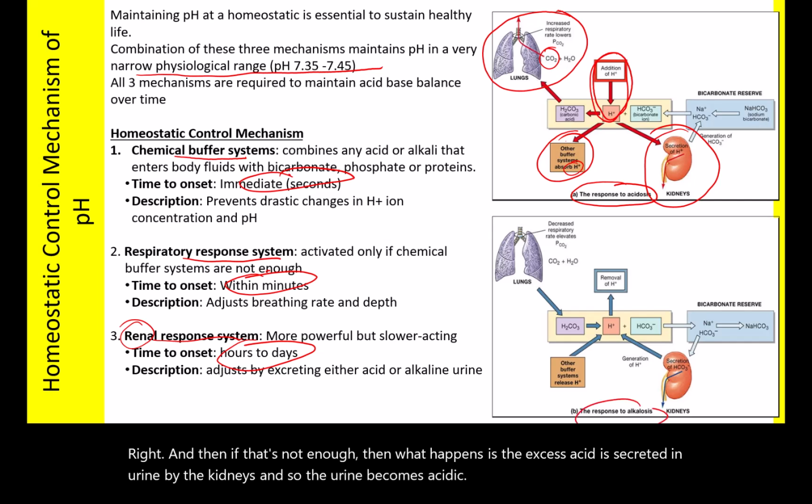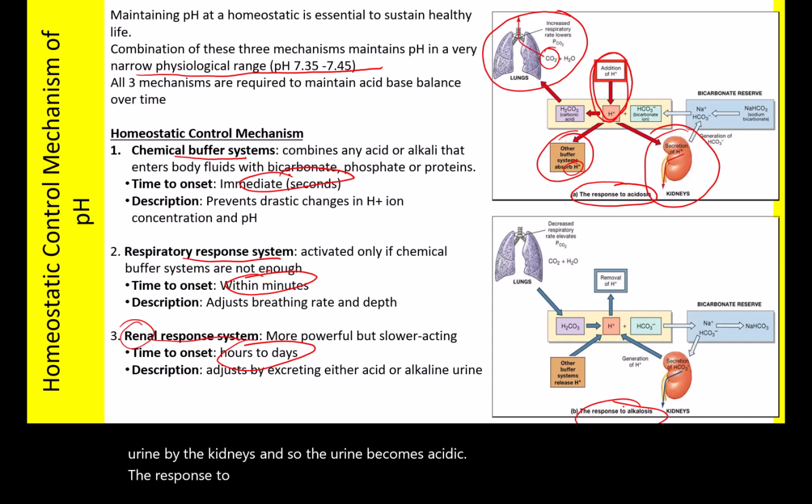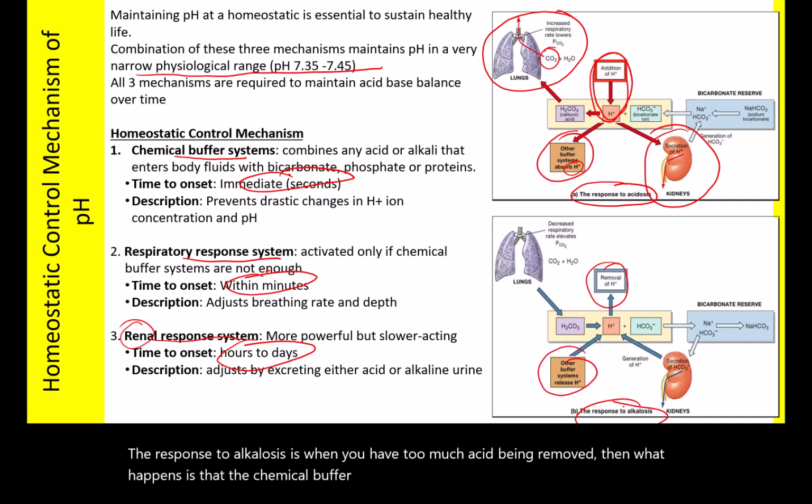The response to alkalosis is when you have too much acid being removed. Then the chemical buffer systems release hydrogen ions to actually add to the levels of hydrogen ions in the blood.